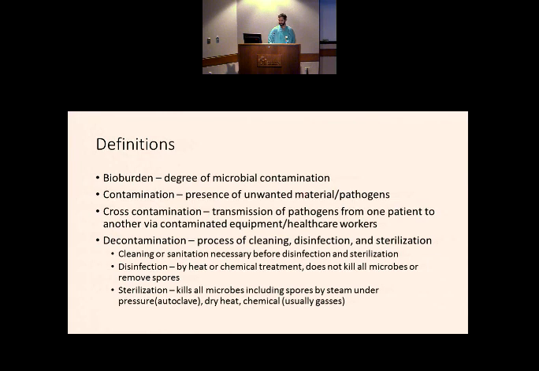It doesn't kill all microbes or remove spores, but it's pretty good. That would be like the purple wipes or some of the other products we were talking about earlier. And then sterilization kills all microbes, including spores. It's done with steam, pressure, autoclave, dry heat, or chemical gases, and that will be done in sterile processing.